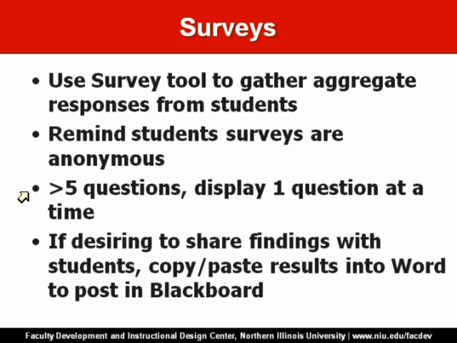But students on older or slower, less reliable connections can get timed out if the page they're on sits idle for too long. So if they have more than 5 questions, and it's going to take them more than a minute or two to answer, you want to have those display one question at a time.